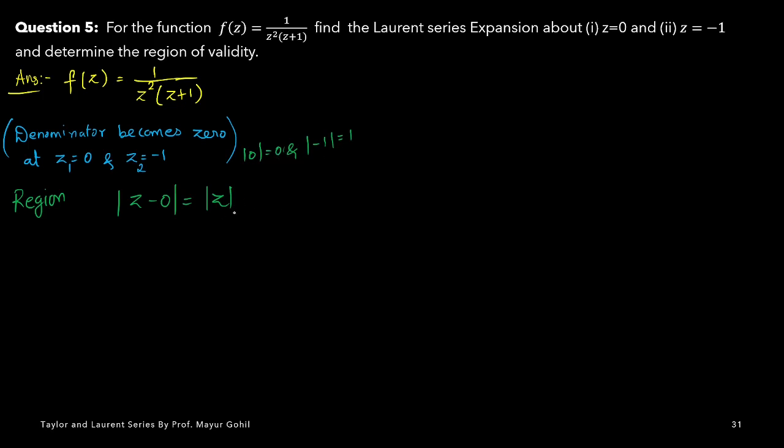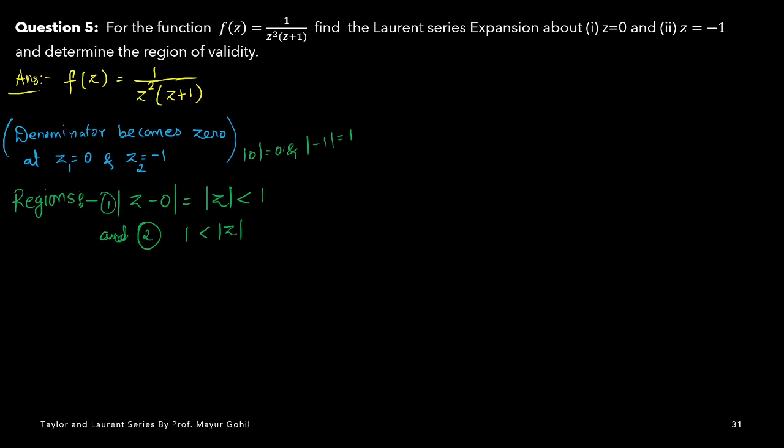The greater one of these two is 1. So now I decide the regions: the first region is mod z less than 1, and the second region is 1 less than mod z. These are the only two regions we can understand for the case z equal to 0.